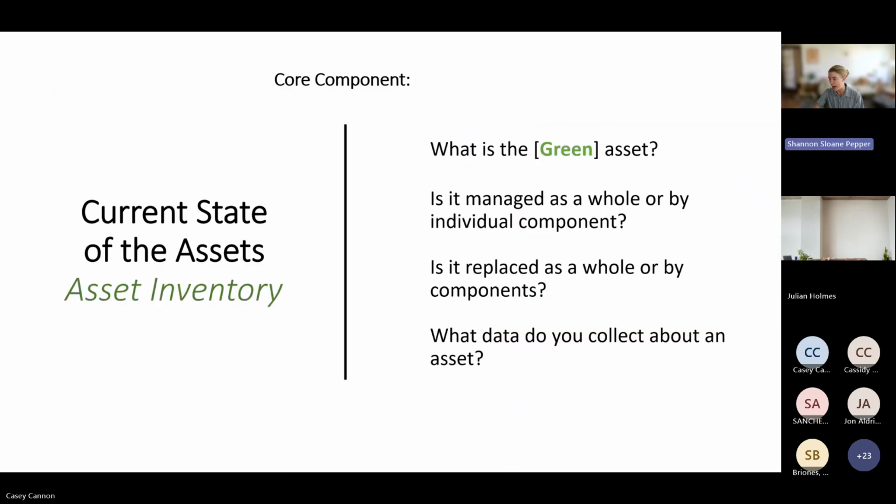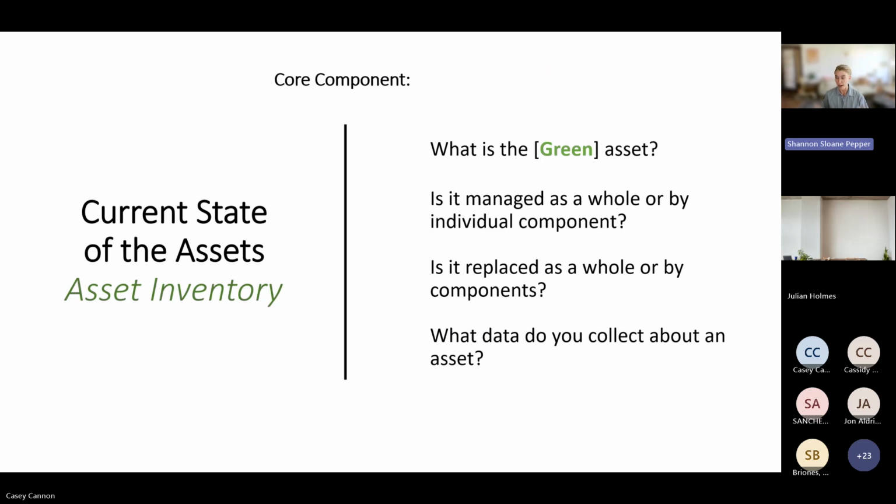Another core component of asset management is current state of the assets, or asset inventory. This is the part of asset management where we take stock of what we already have within our systems, and that includes developing and maintaining an asset inventory. This is a central location where you store your information about each asset in your system. There are a few key questions to consider here. First of all, how would we define an asset within our system?